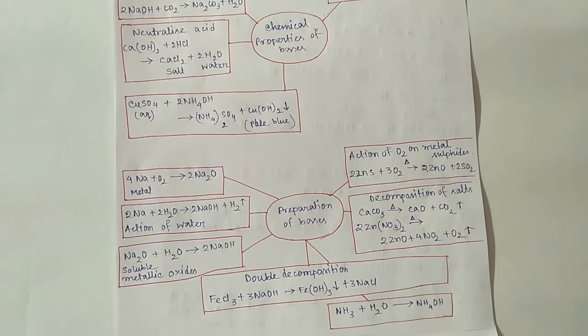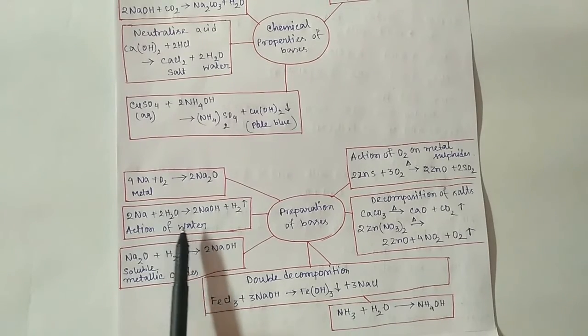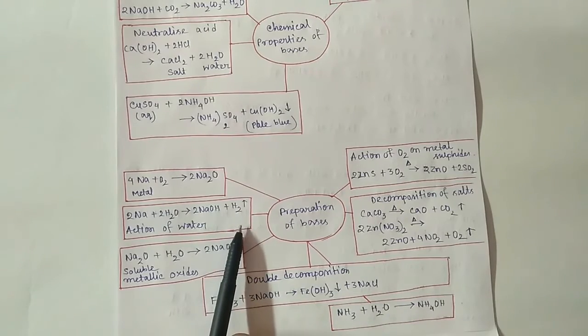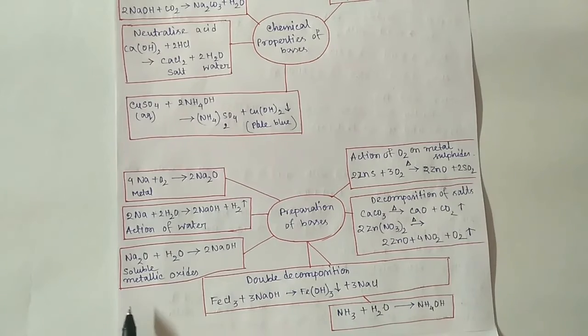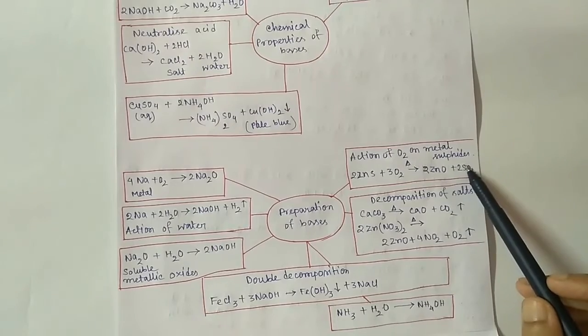Here you can see when we react 2Na with 2H2O, it will produce 2NaOH, a base, and hydrogen gas. This is very important as it is producing hydrogen gas. I told you this reaction earlier in basic oxide: remember, a characteristic of basic oxide is that when basic oxide is treated with H2O, it gives base.